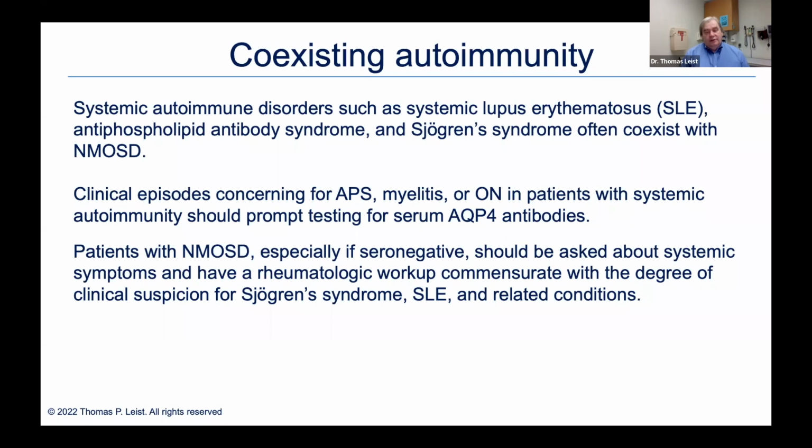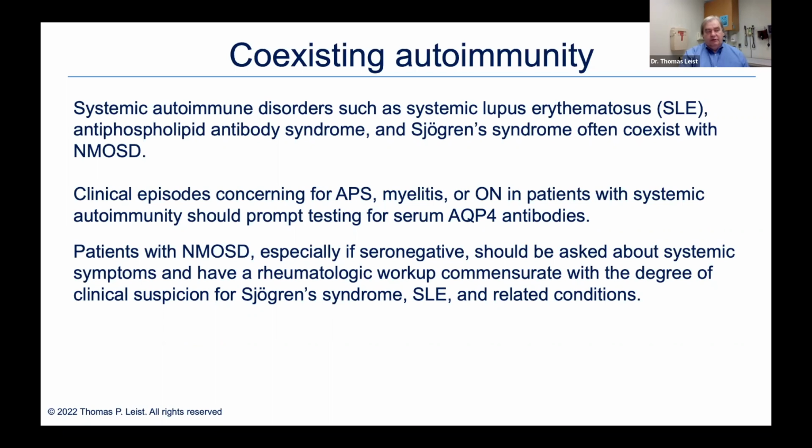Particularly in children, it is frequent that we find other conditions present, and in adults equally. So it's very important that when we diagnose neuromyelitis optica, we also rule out the presence of other autoimmune conditions and keep an open eye that such conditions could form later on.